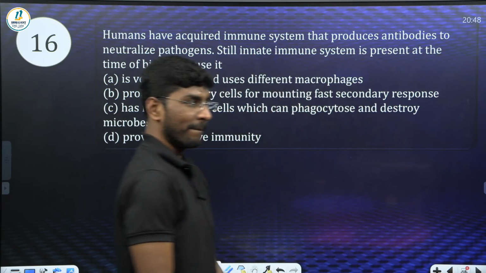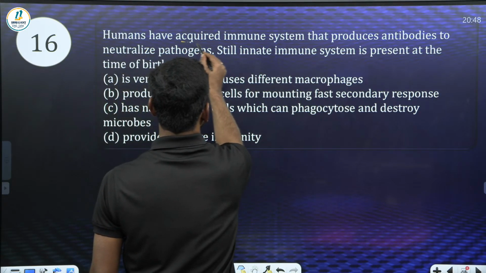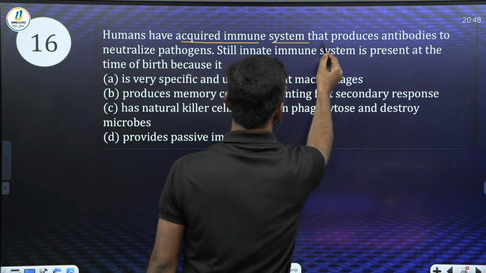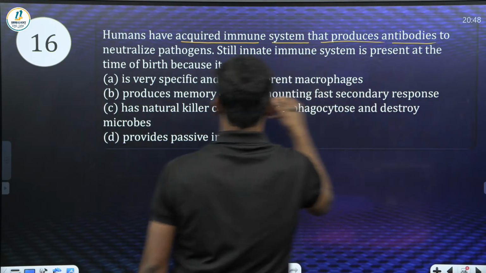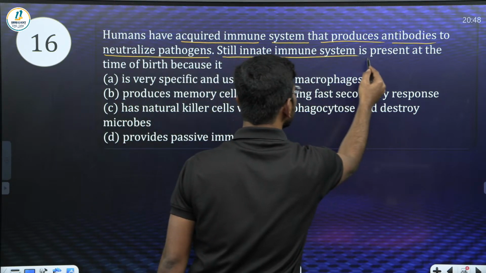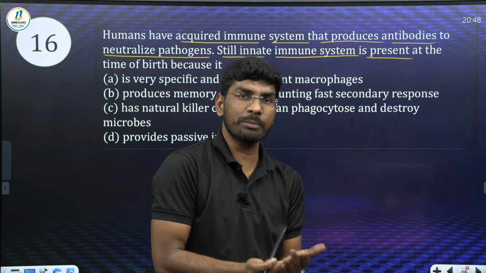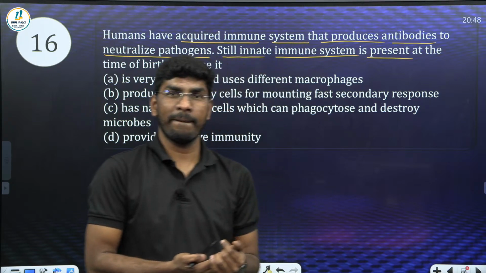What about this? Humans have acquired immunity, an immune system that produces antibodies to neutralize the pathogen. Still, the innate immune system is present from birth. Because of what purpose is the innate immune system there?